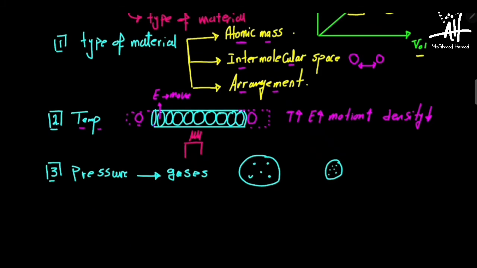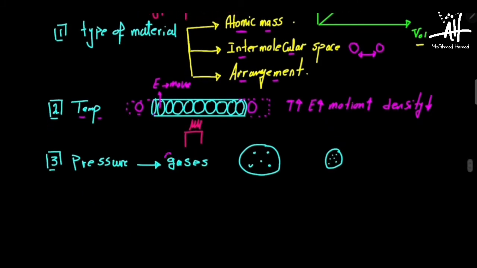And the last factor that can change the density, but it can change the density of gases only, is the pressure. If we got an air balloon like this and we apply a pressure on it, the volume of the air balloon will decrease, but the number of particles will not change, so they will be closer to each other, which will mean that the density inside the air balloon will increase.